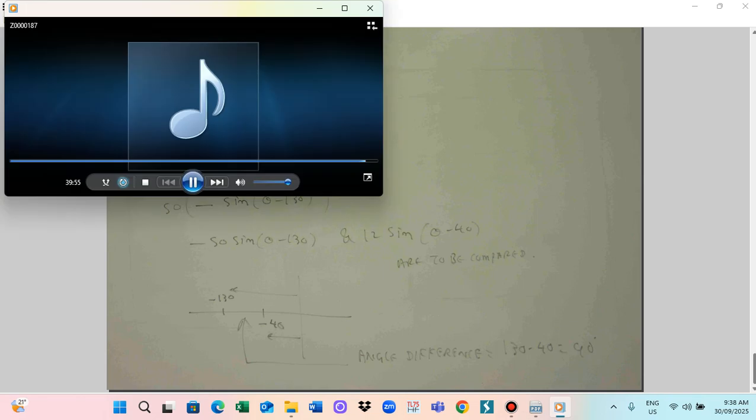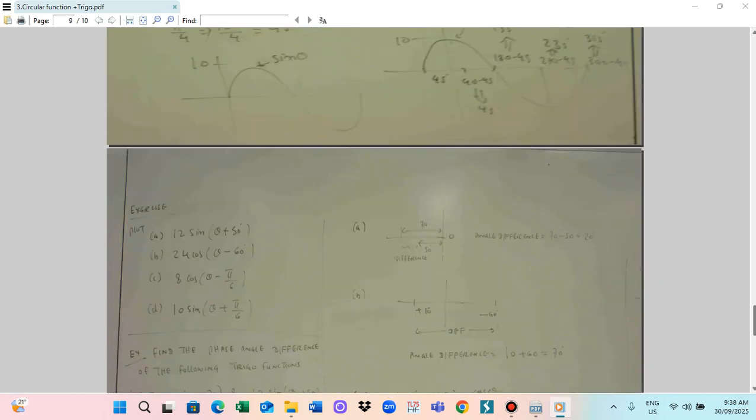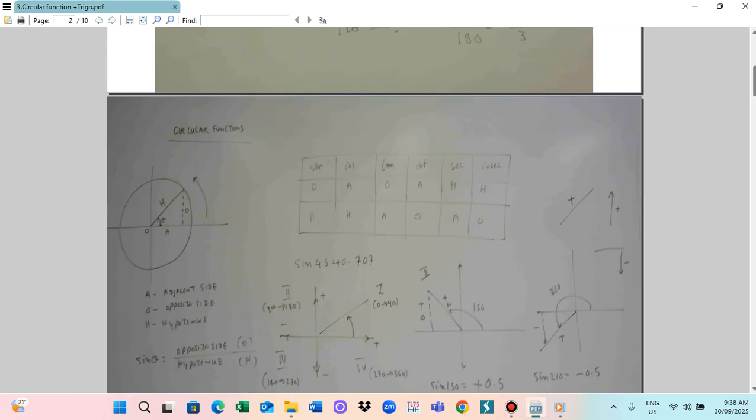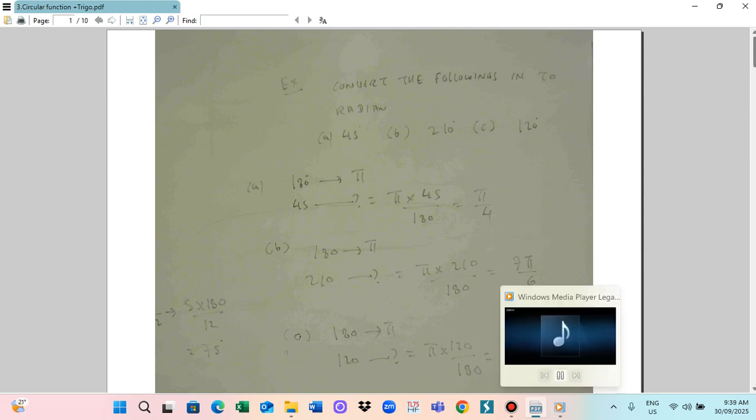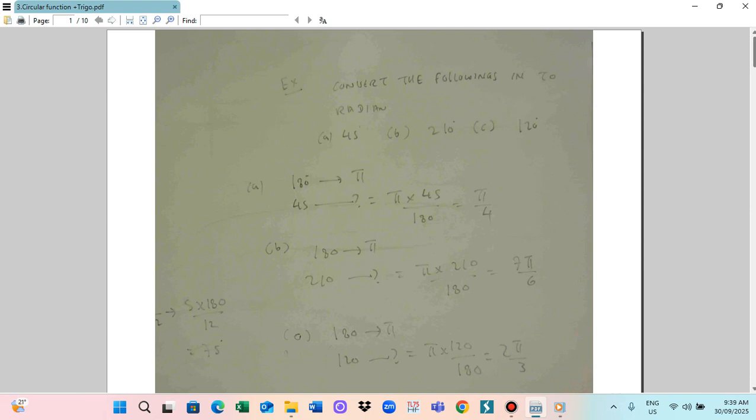Degree and radian conversion. In this case, we use 180 degrees is pi radians. And similarly, 360 degrees will be 2 pi radians.